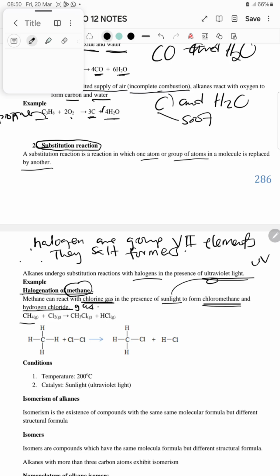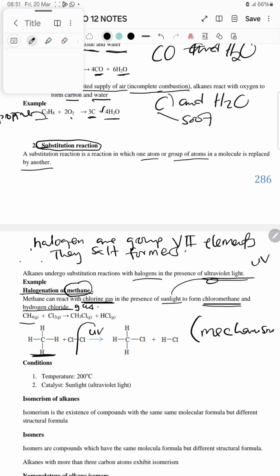Now let me show you what happens here. This is the mechanism. This is the structure of methane. So when the UV, which is the ultraviolet light, which acts as the catalyst, comes, it will break the bond between the two chlorine atoms.